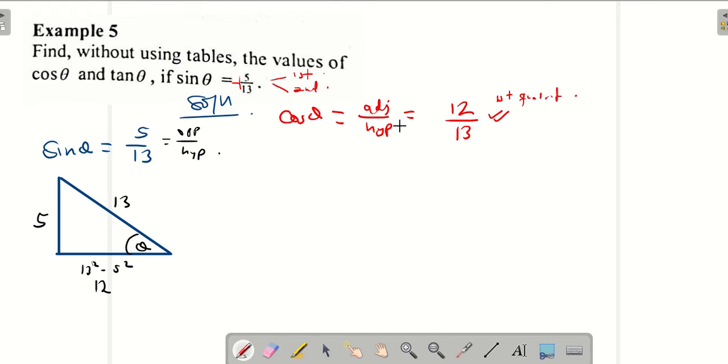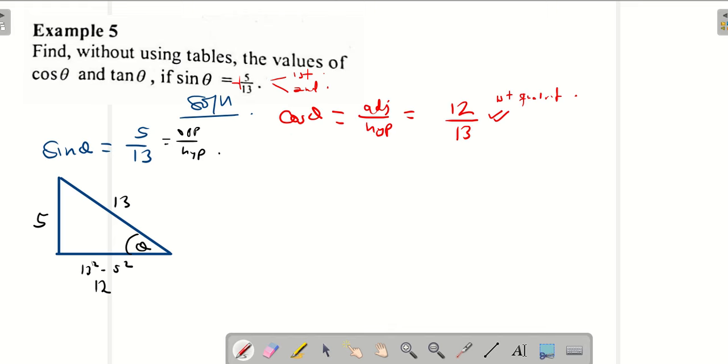Remember that here we are working in the first quadrant and the second quadrant. If theta is in the first quadrant, then cos theta is positive. But when it is in the second quadrant, it will be negative, because cos is not positive in the second quadrant.